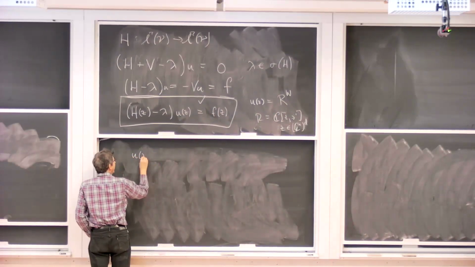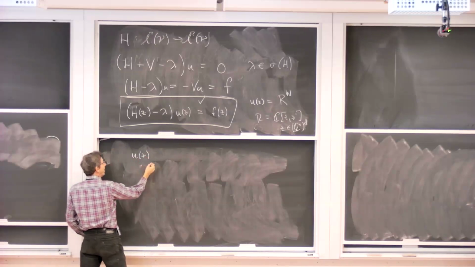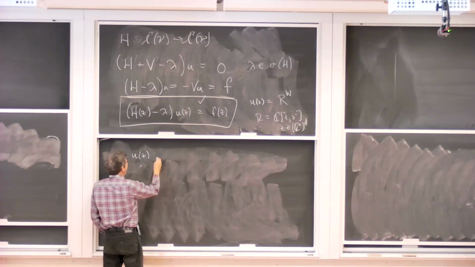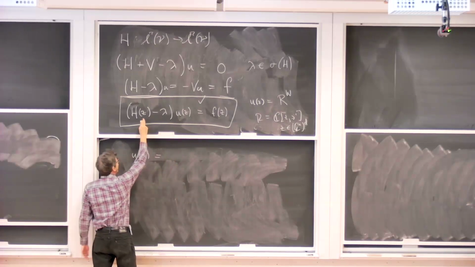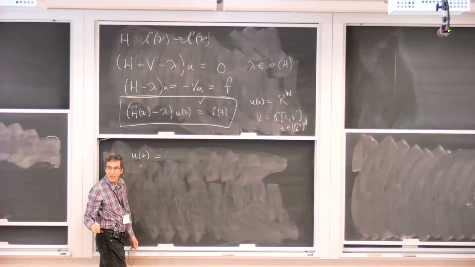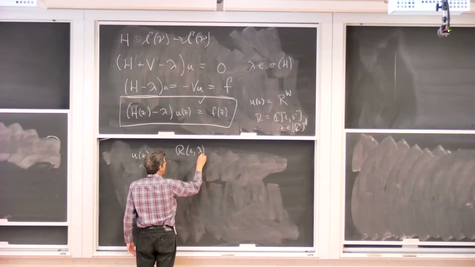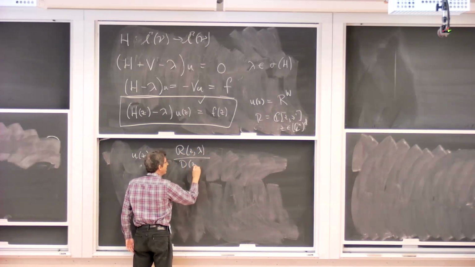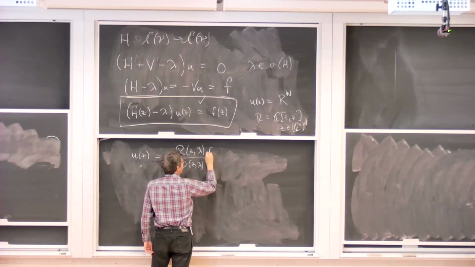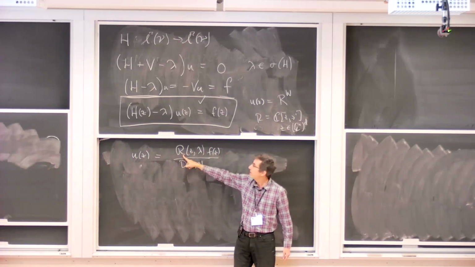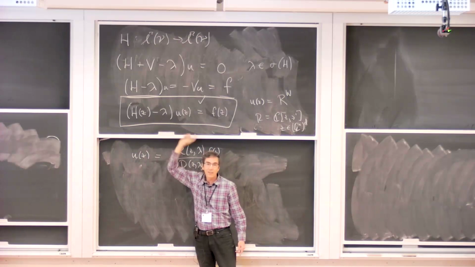Okay, so let's take a look at this problem here, and let's write the solution, the response. This is now a vector of Laurent polynomials. Let me take the inverse of this object here. Let's write it as R of Z lambda divided by the determinant. So this is F of Z. This is just the adjugate matrix of H of Z minus lambda.